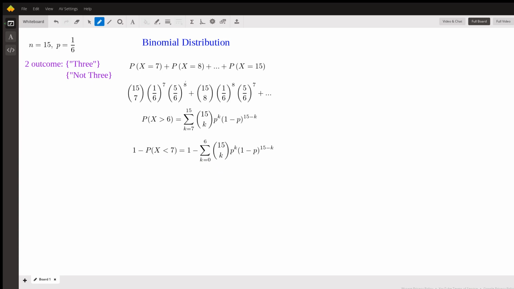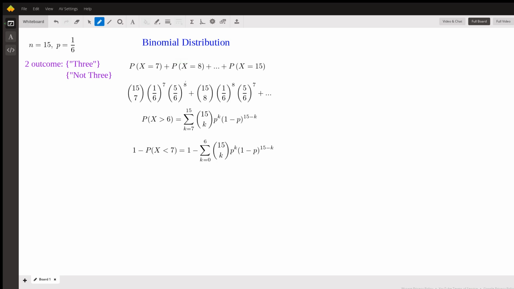Now, most calculators these days can do this. If you have a graphic display calculator, it probably has a function for this. So it's important that you recognize what you're using here, binomial distribution. If you don't recognize that, you won't be able to input it into your calculator.